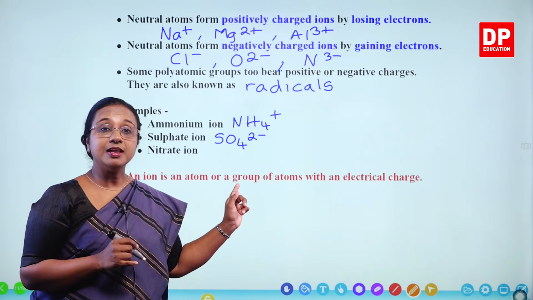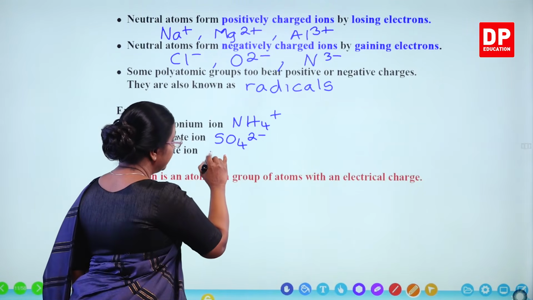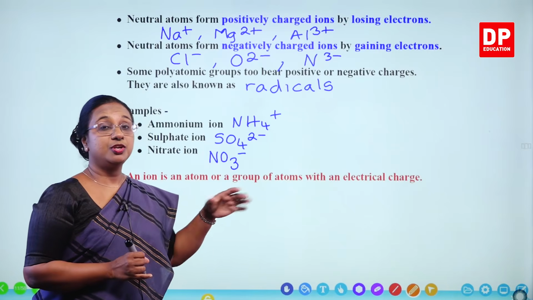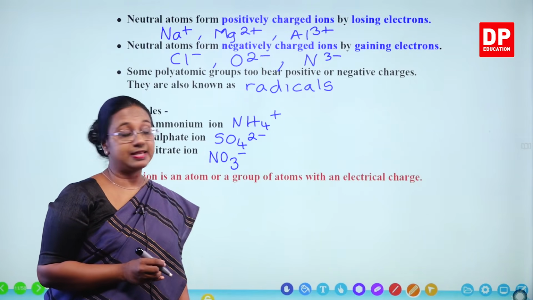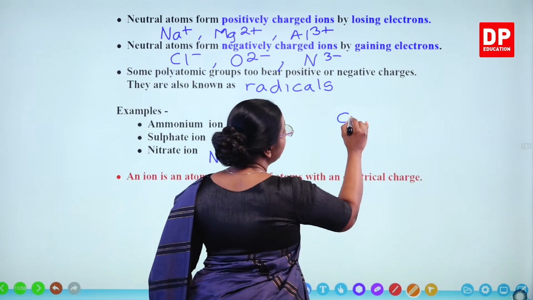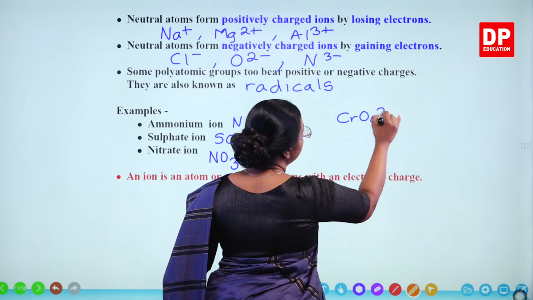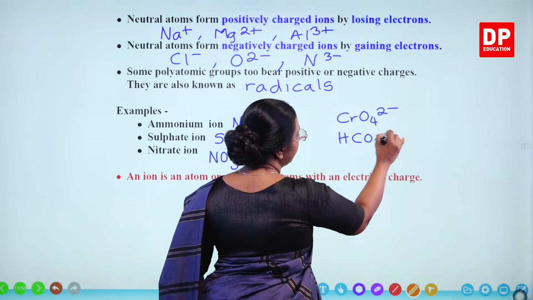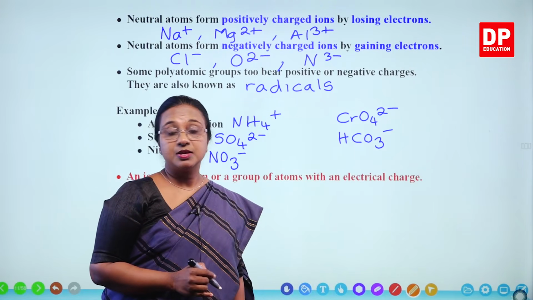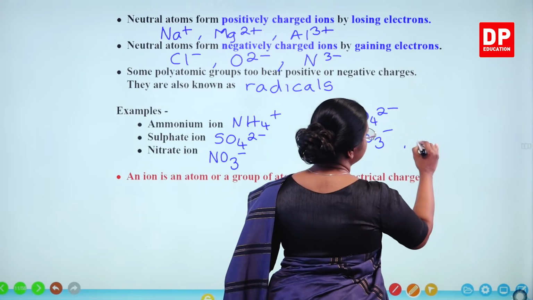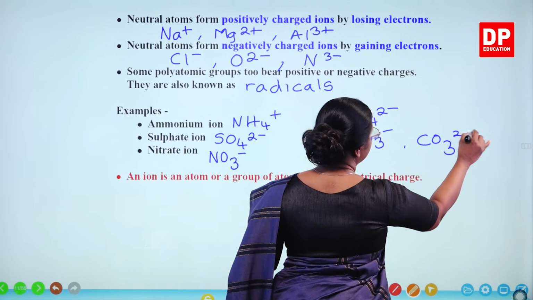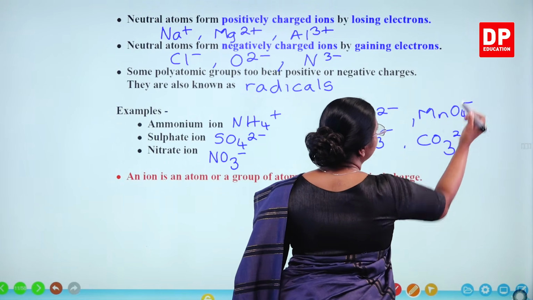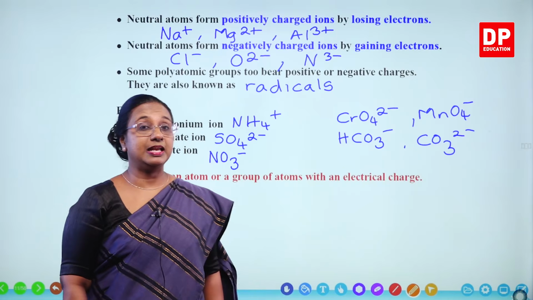Then nitrate ion, NO3-. Similar to this, you have learned some other ions as well. You can remember chromate ion, CrO4 2-. Then bicarbonate ion, HCO3-, or even carbonate ion, CO3 2-, and MnO4-, permanganate ion.